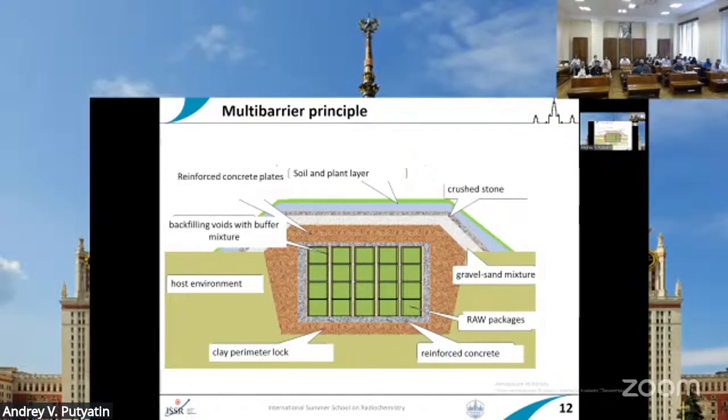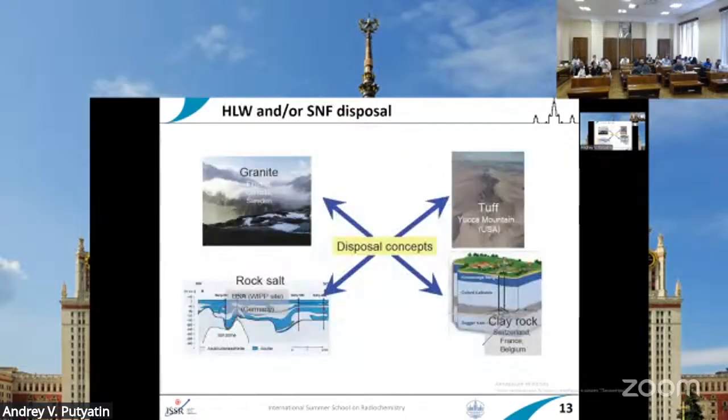And there are several layers on the top of the disposal. The final layer is just a grass layer with some soil to make the mechanical stability, let's say, of the hill above the disposal.